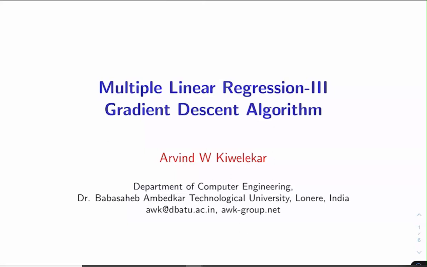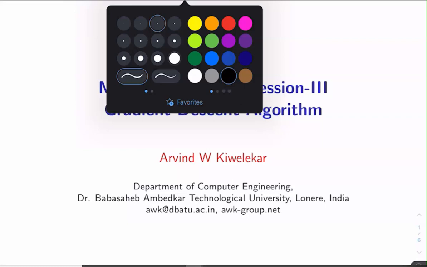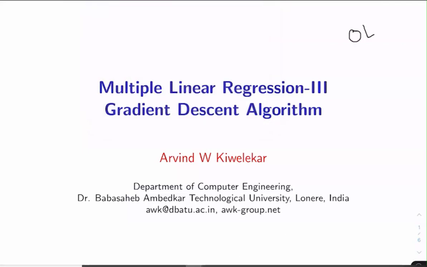In the last two videos, I explained the ordinary least square method to estimate the parameters for the multiple linear regression model, in which we have estimated the parameters like beta 0, beta 1 up to beta k.